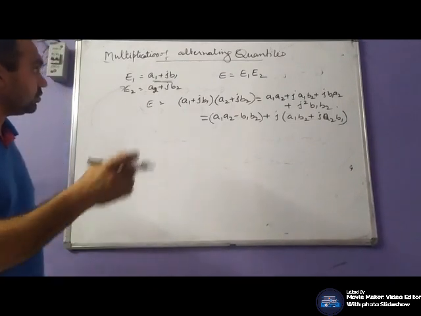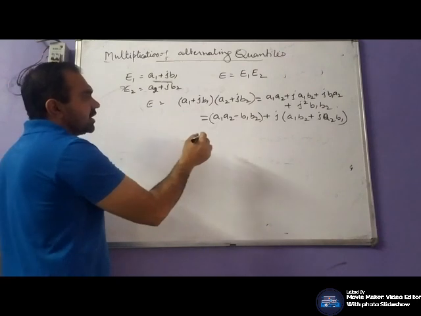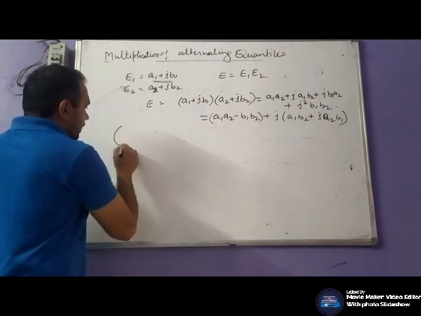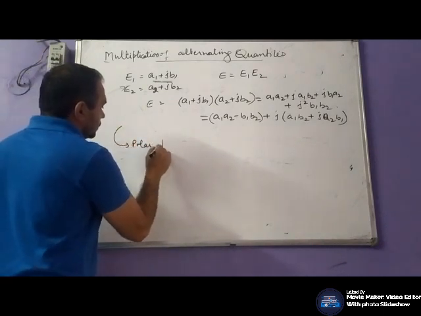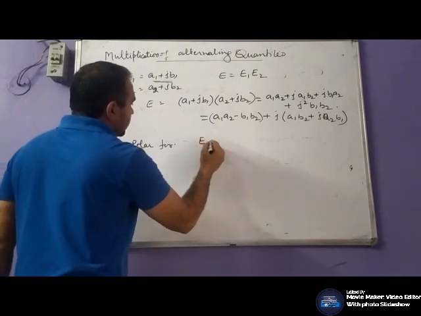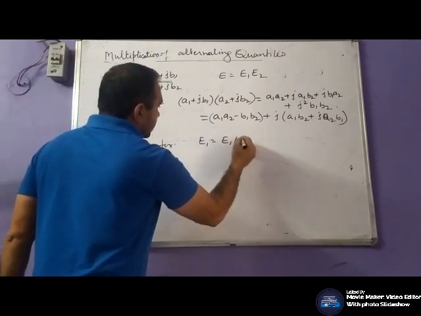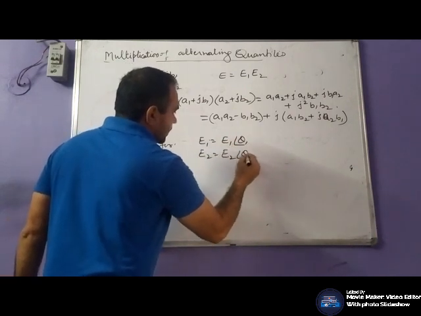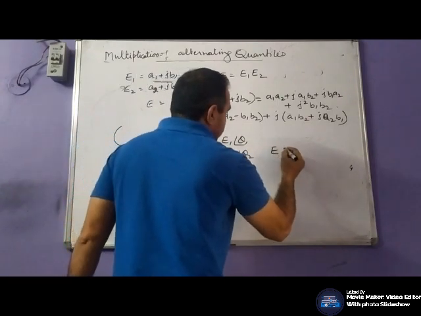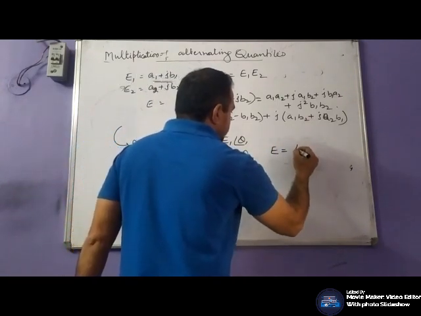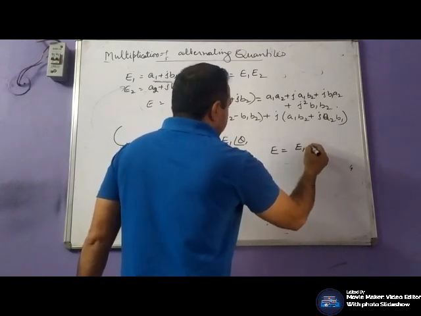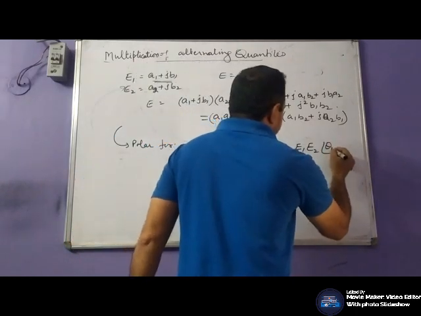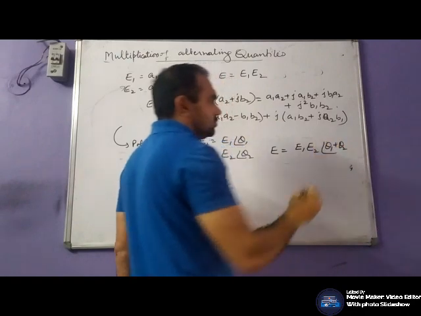If you go for multiplication in trigonometrical form, you have to do the same job. But in the polar form, E1 is represented by E1 angle theta 1, E2 is represented by E2 angle theta 2, and this E would be equal to E1 into E2 angle theta 1 plus theta 2.